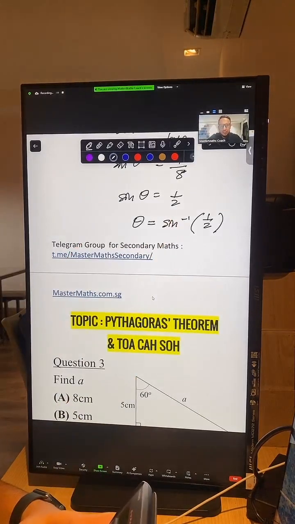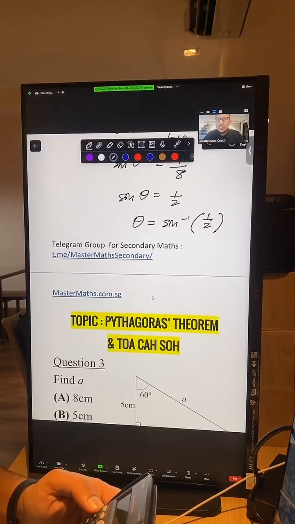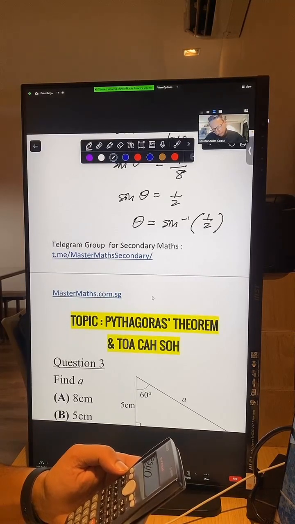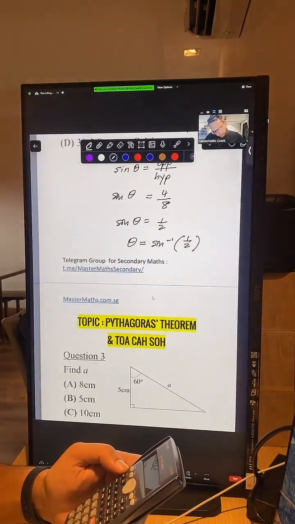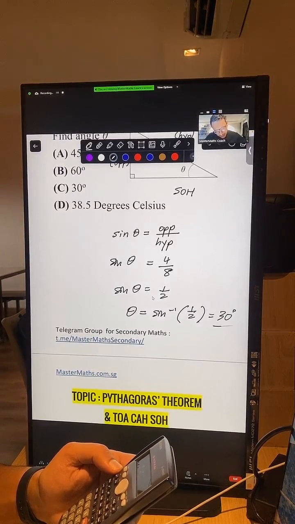So sine inverse 0.5. Mode, where's my mode? Make sure you are in degree mode. I was not in degree mode. So sine inverse 0.5 will give me 30. So the answer is 30 degrees.